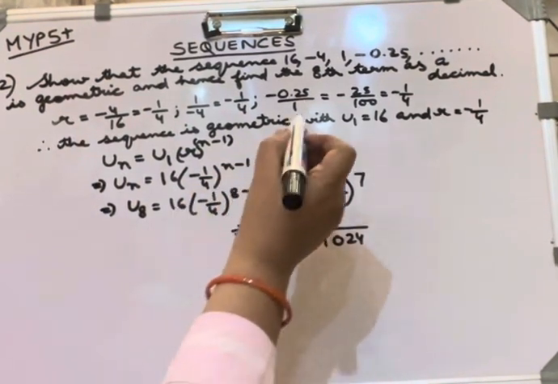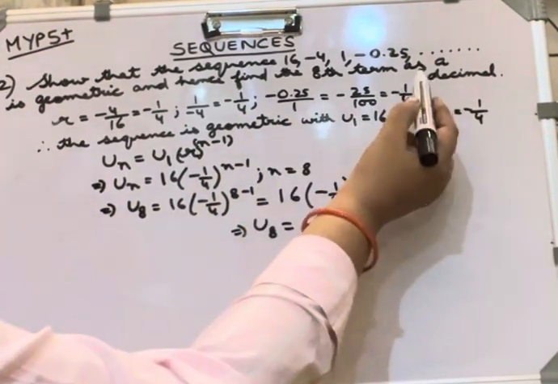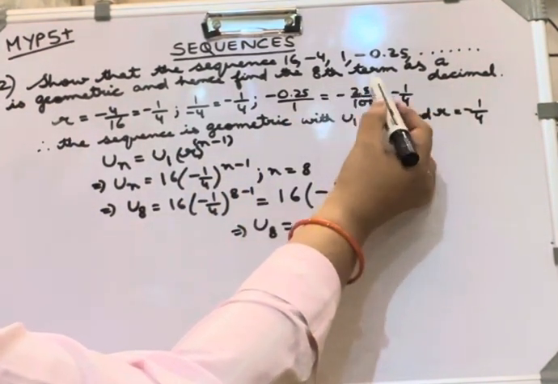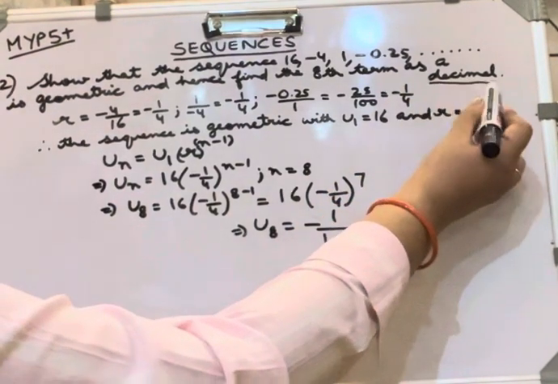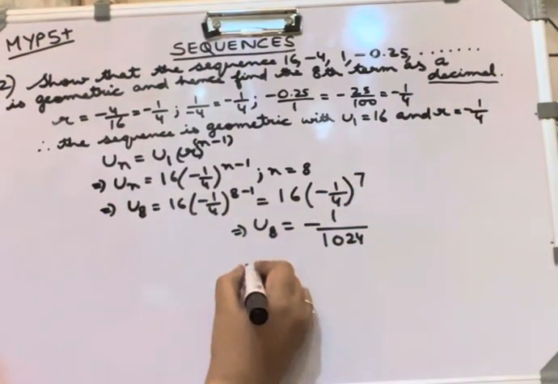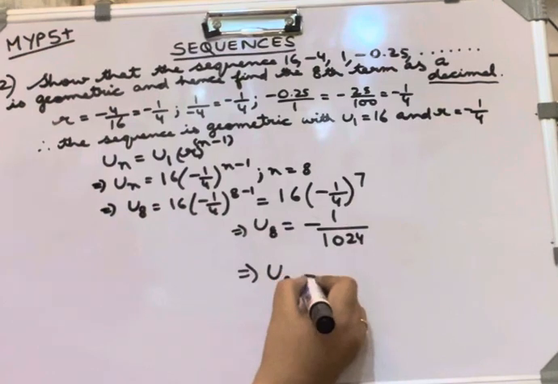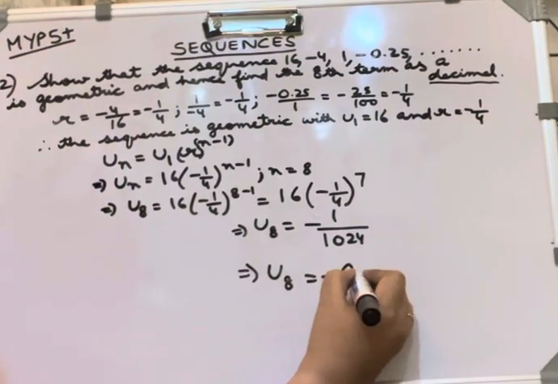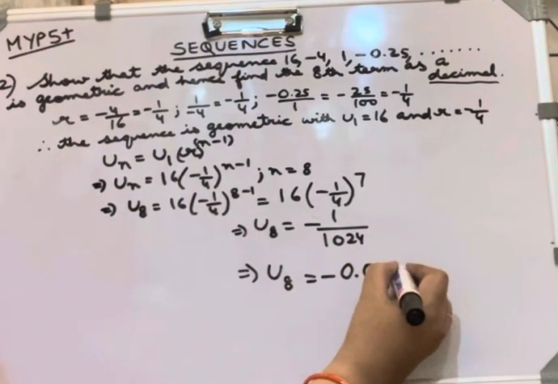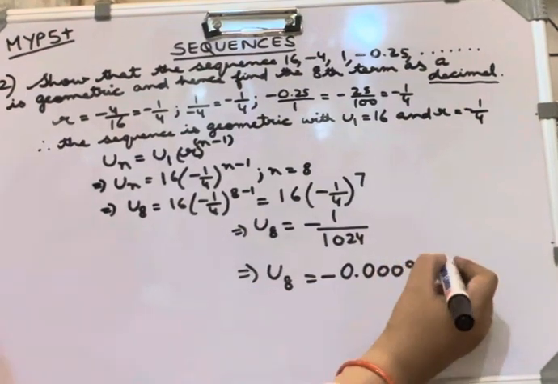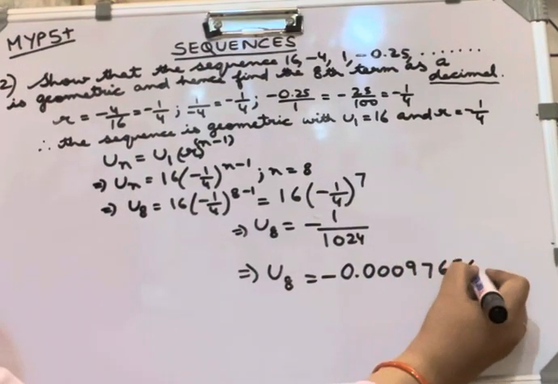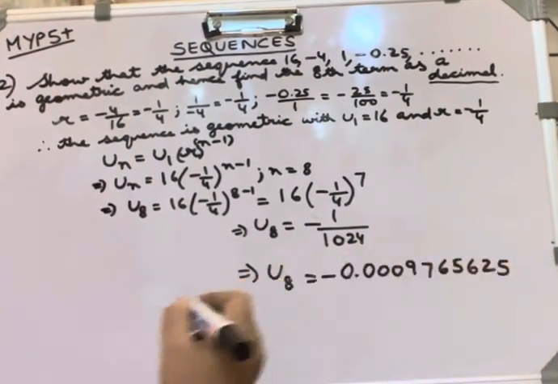And we have to convert this into decimal because it's mentioned find the 8th term as a decimal. So U8 is equal to minus 0.000976565.